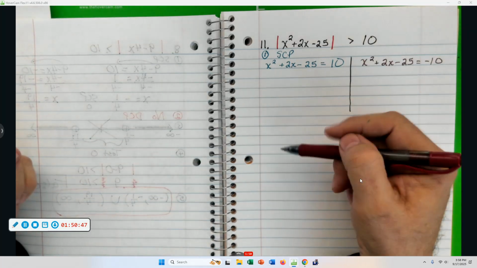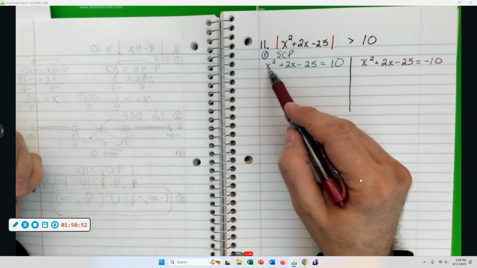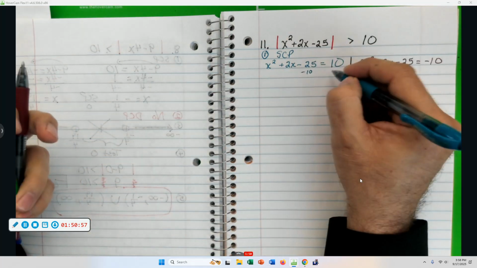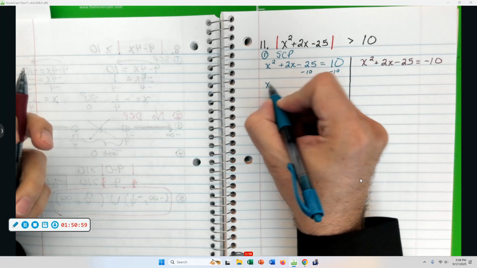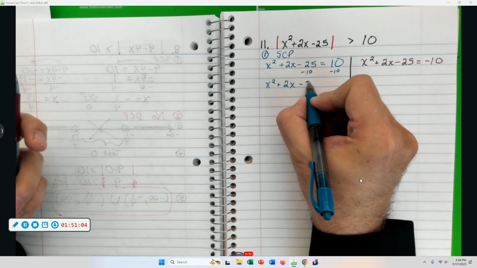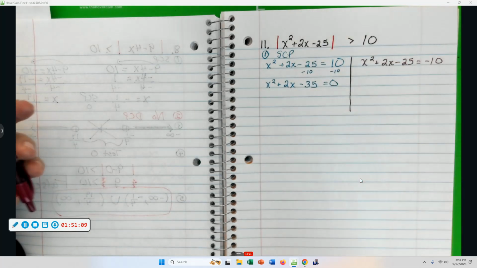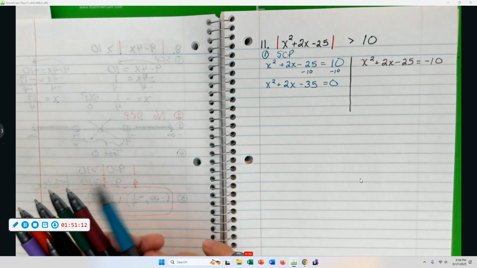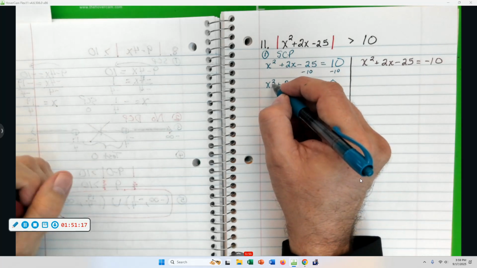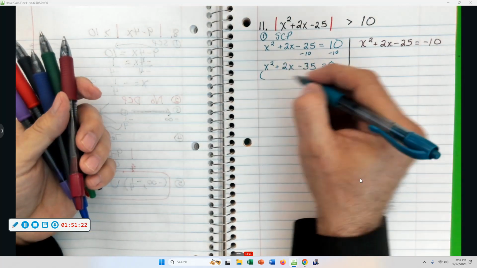Now, we need a 0 because it's quadratic. There's that x squared. So I'm going to subtract 10 from both sides. So we have x squared plus 2x minus 35 equals 0. Because it's quadratic, we need to factor it.